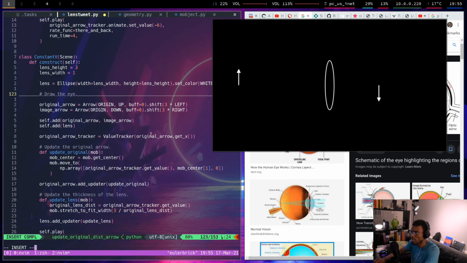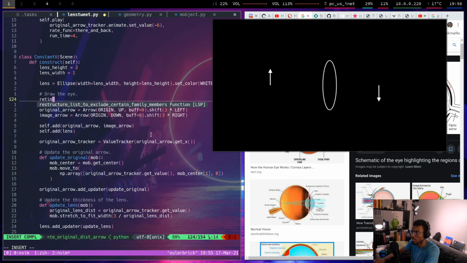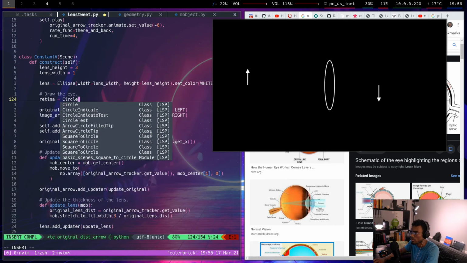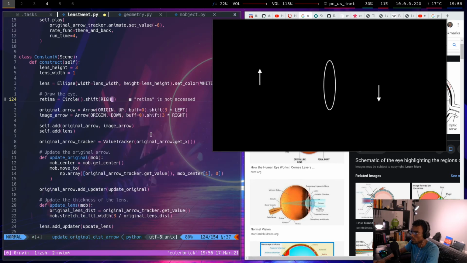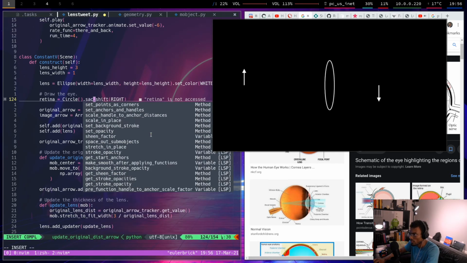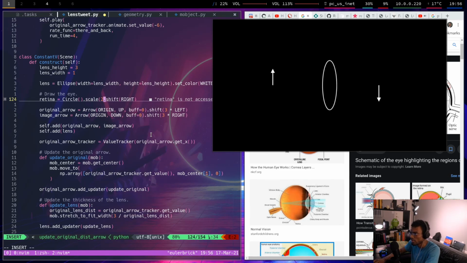Draw the eye. Retina equals circle. I have to scale it probably by like 2.